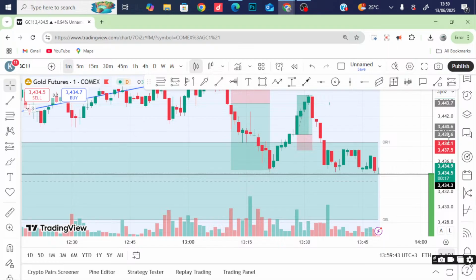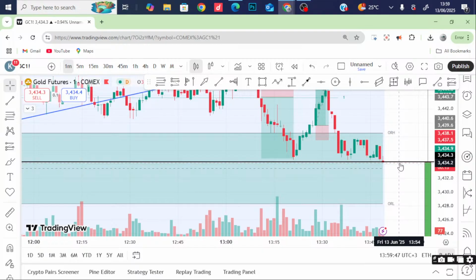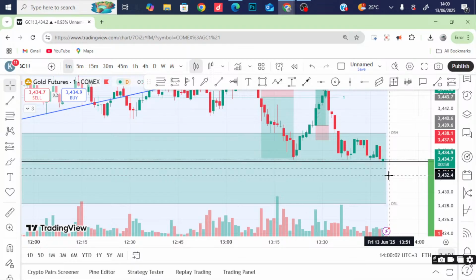So we are breaking our today's low. We have already broken it. We have seen there will be a rejection. Oh, there is a rejection from it. It means now the rejection is happening.